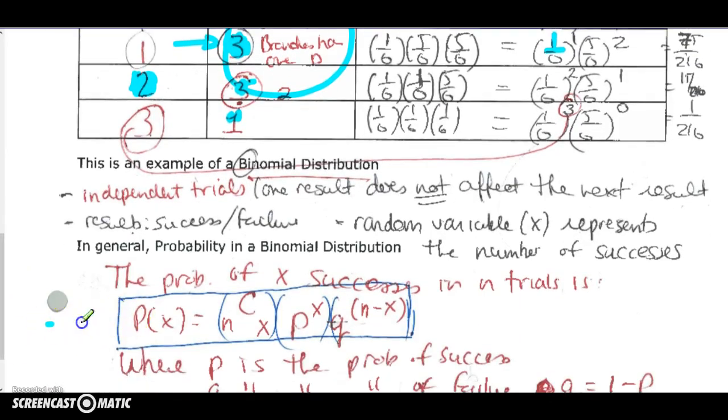What I'm trying to do is develop the formula, and the formula is the probability of something to occur in a binomial distribution. So let's stop for a second and consider what a binomial distribution is. A binomial situation is when there are independent trials. So rolling the dice, independent. Remember, with independent, you roll the dice, you get a result. You roll the dice, you get a result. One result doesn't influence the other.